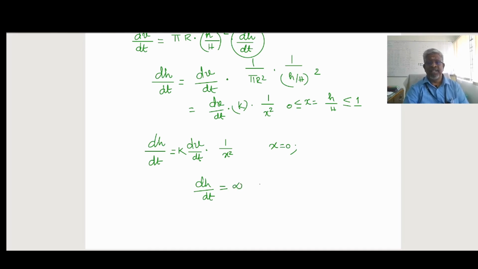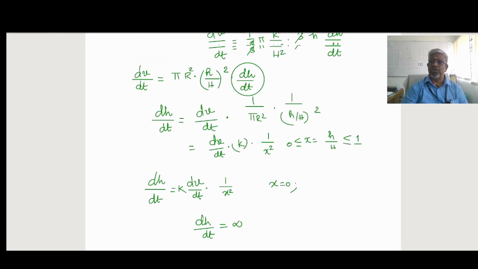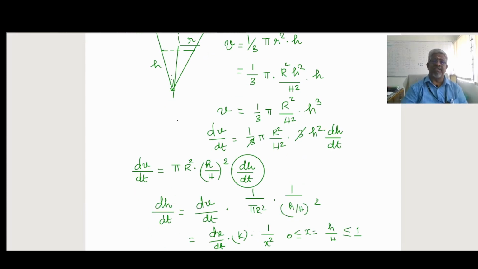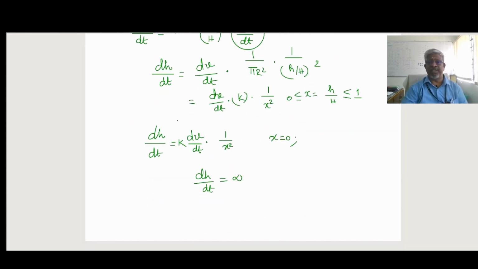What does it mean? When you start pouring the water into it, at the lowermost portion, where the height is almost zero, the height is increasing at enormous speed. So that is where your increment is very high.